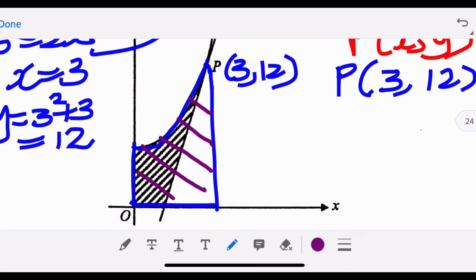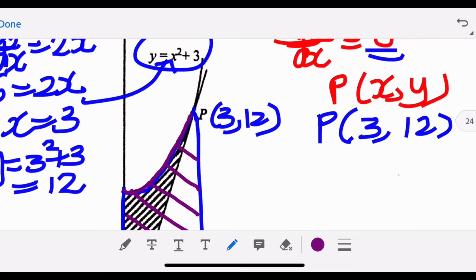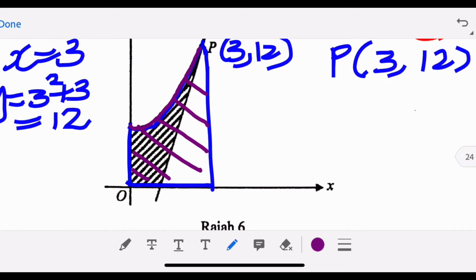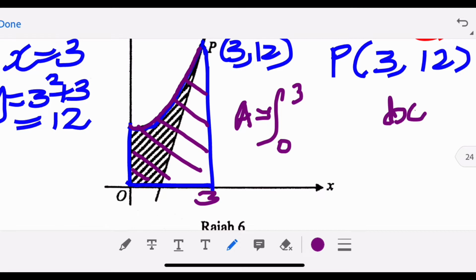This is the area under the curve, and this is the curve given, y equals x squared plus 3. So let's integrate the area under the curve in purple color from 0 to 3, for y bounded by the x-axis, dx. So here will be y, but y is given by x squared plus 3, right?